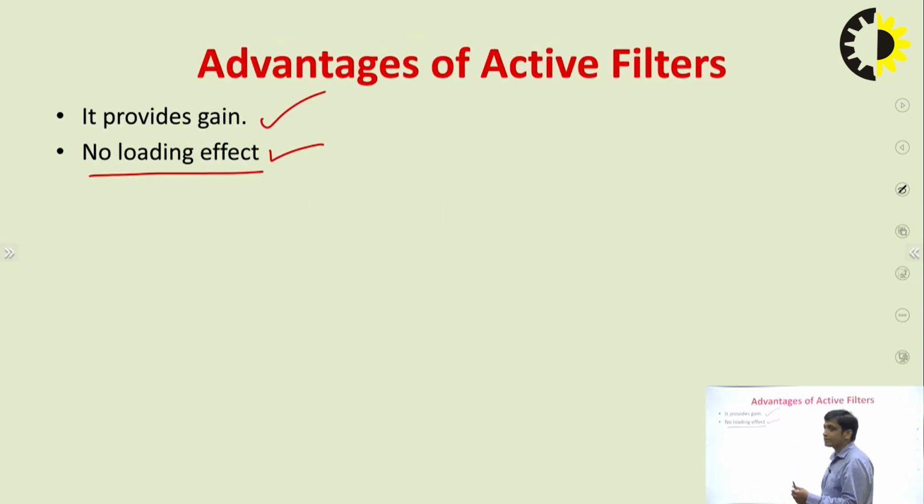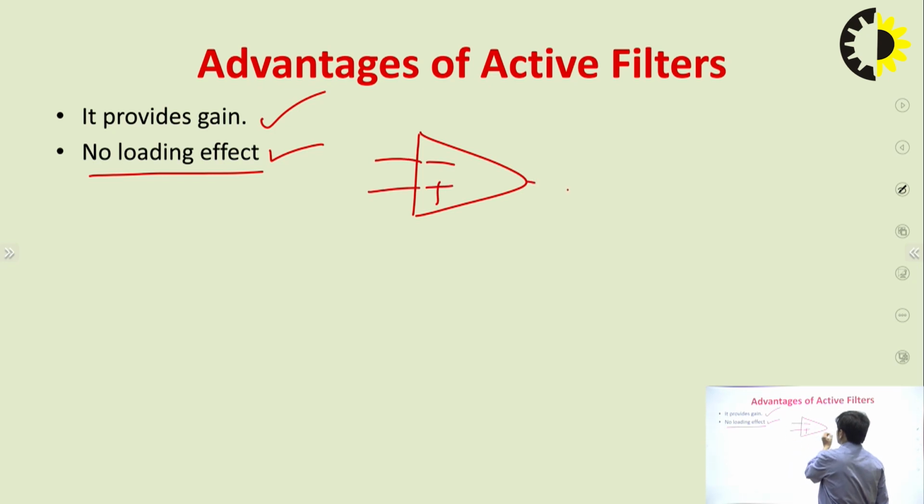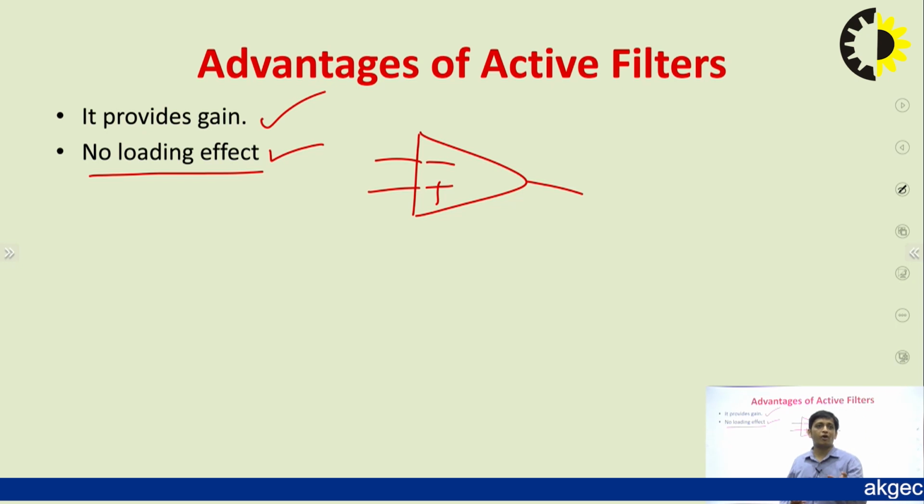And as far as the limitation of active filters is concerned, basically there is one limitation. Since we are using an operational amplifier as an active element in the active filter, the drawback of the op-amp will also be the drawback of active filters.